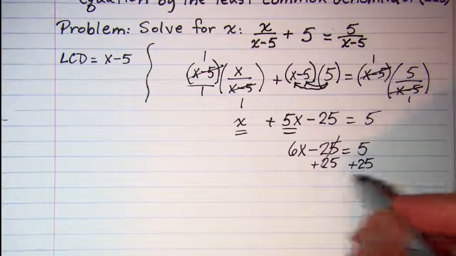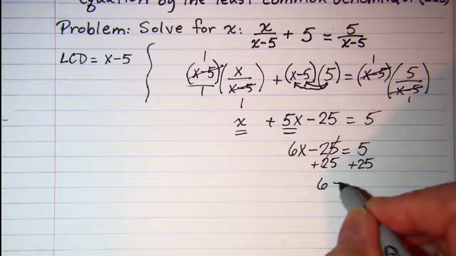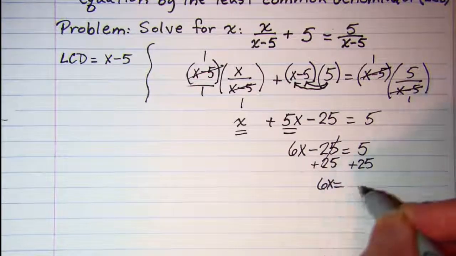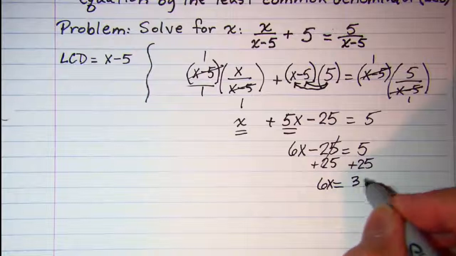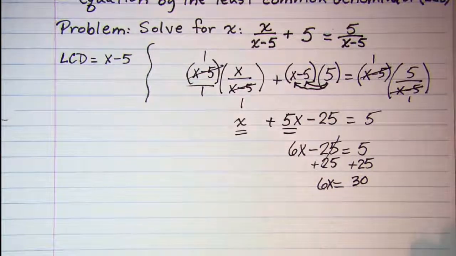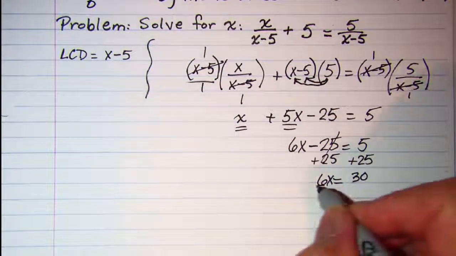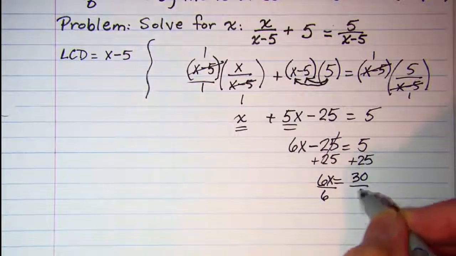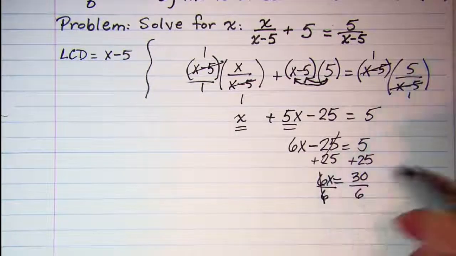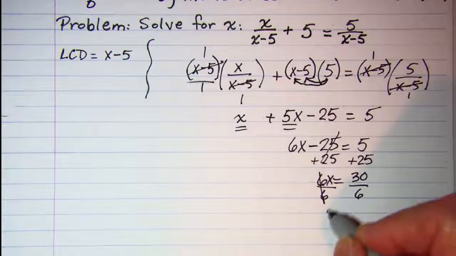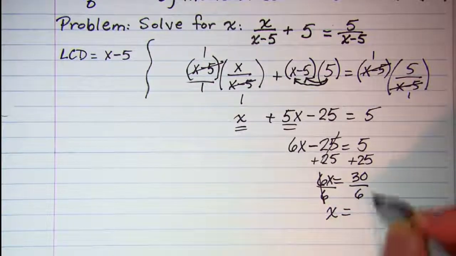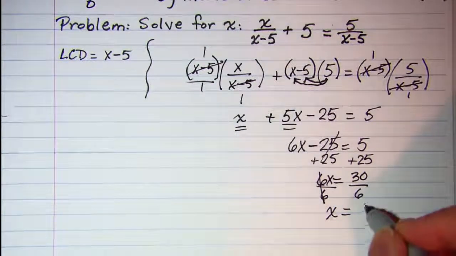So 6x is equal to 30. And then divide both sides by 6. 6 over 6 is 1x, so I have just x on the left. And then 30 divided by 6 is 5.